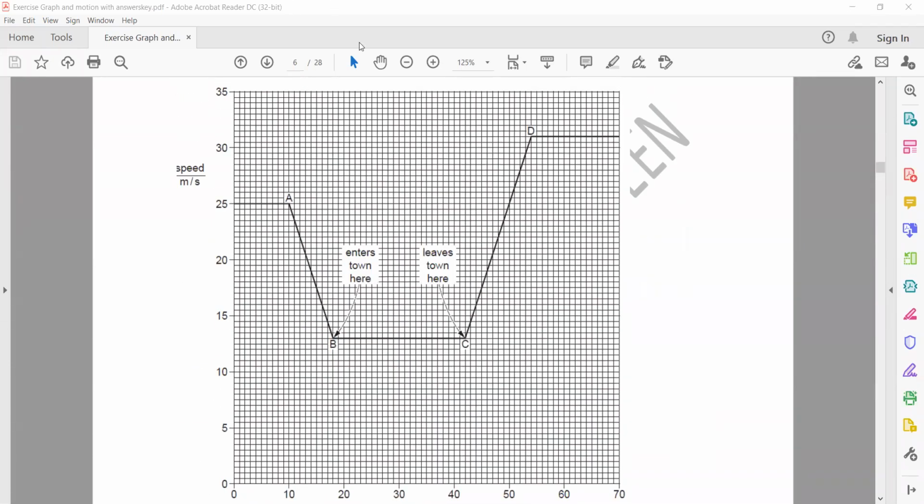When we check the angles, if they have the same angles, the values for acceleration and deceleration will be the same. So from A to B, it is decelerating, and from C to D, it is accelerating.